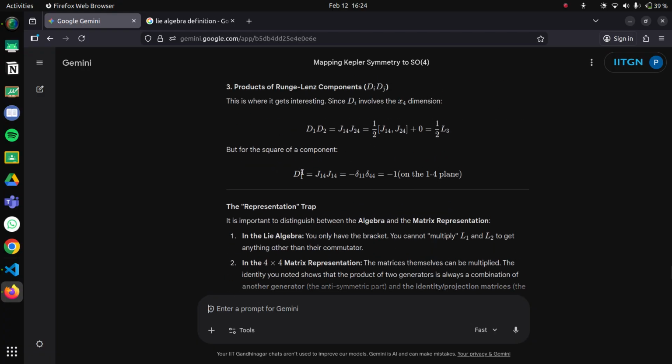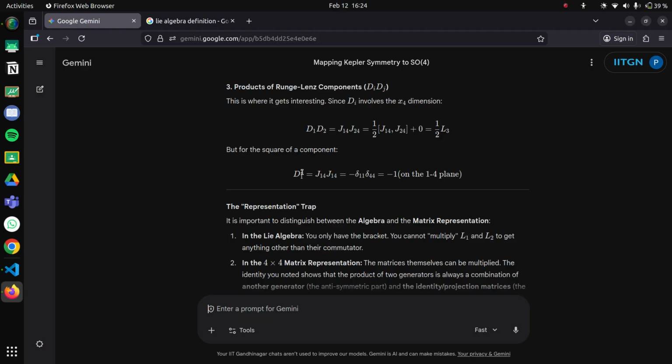So we're saying D1 squared is negative 1, which means that's a very weird thing, isn't it? This thing is negative 1. Wow. You know that the commutator is there, but then this product. What do the actual.